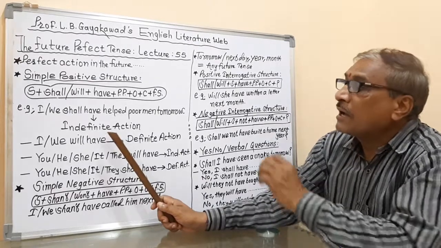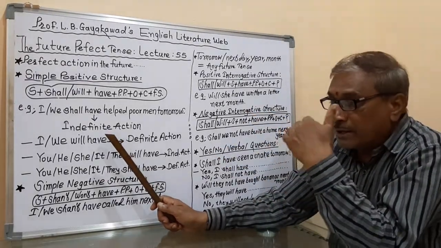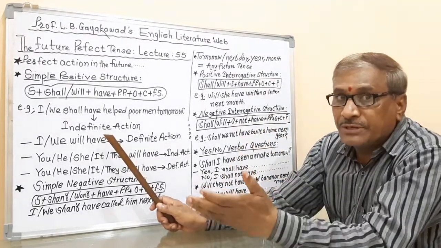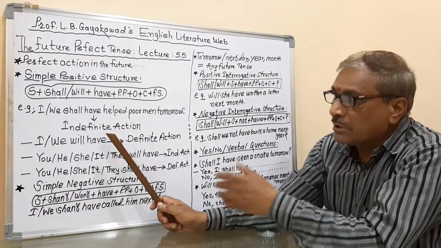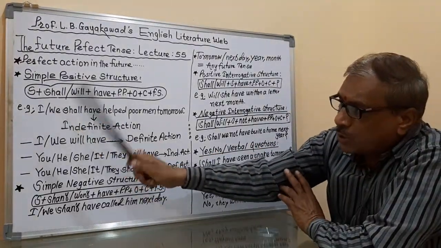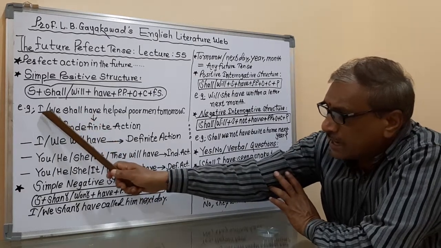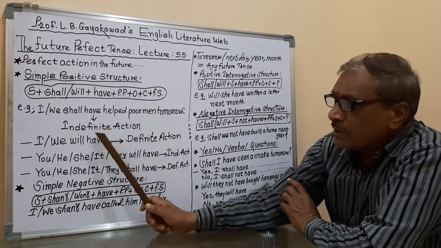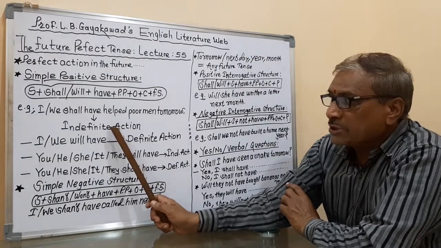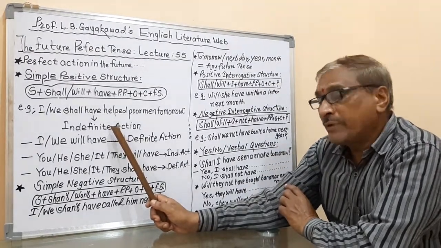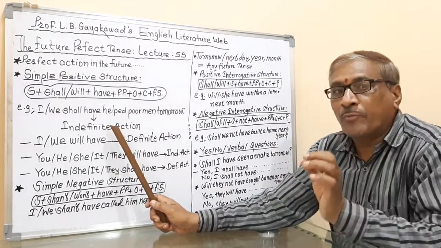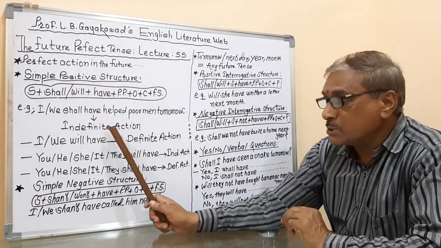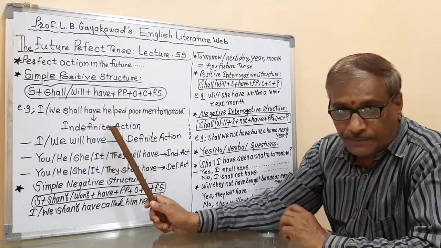It means they are not definite about completing their action, and that's why when we use shall have with the I and we subjects, such a sentence shows the indefinite action. Indefinite action means that the action may not be completed in future. If some problem comes, then that action will not be completed by the subject. So that's why this is called the indefinite action.